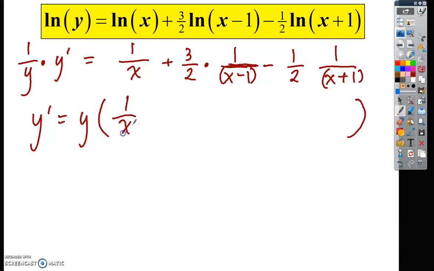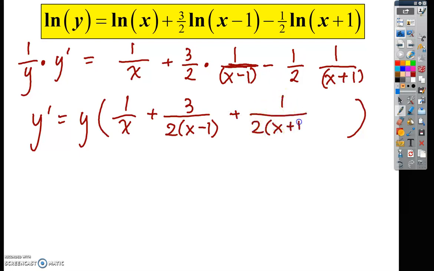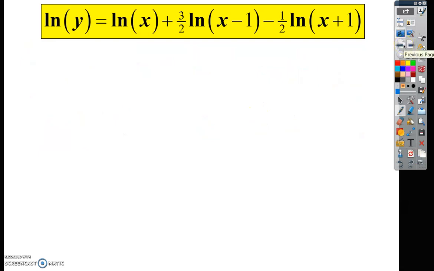So 1 over x plus 3 over 2 parentheses x minus 1 plus 1 over 2 parentheses x plus 1. And there's my closed end of my parenthesis. And y, we knew from a minute ago, is that crazy equation we started with before we expanded everything out. And y goes in front of this and cleans it up. So we'll let the computer kind of handle this for me and see if we did it right. So let's see what happens.